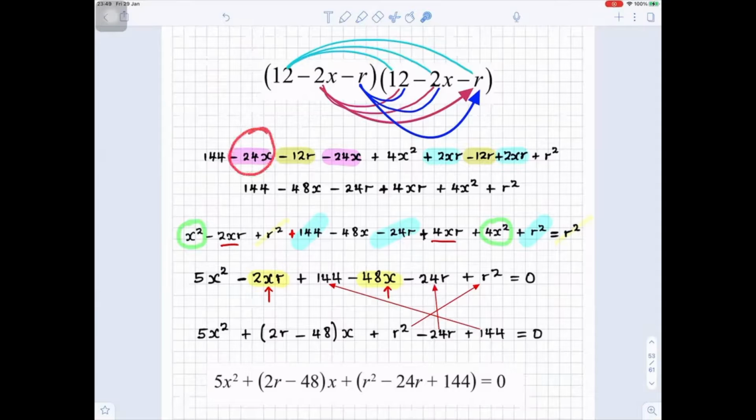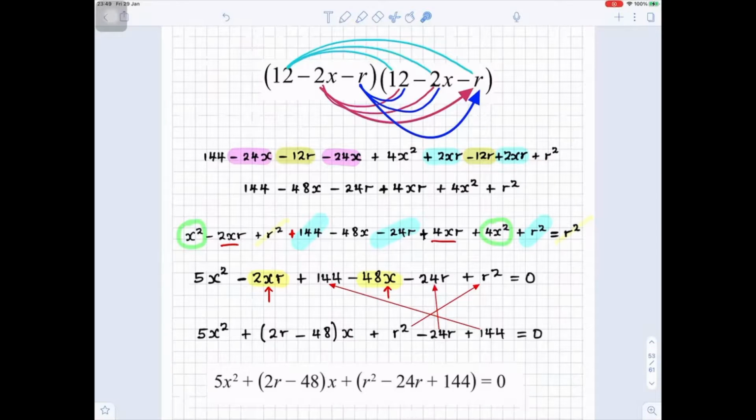Minus 24x minus 24x gives you minus 48x. So the 144 stays the same. Plus 2xr plus 2xr becomes 4xr. And the 4x squared stays the same, and the r squared stays the same.